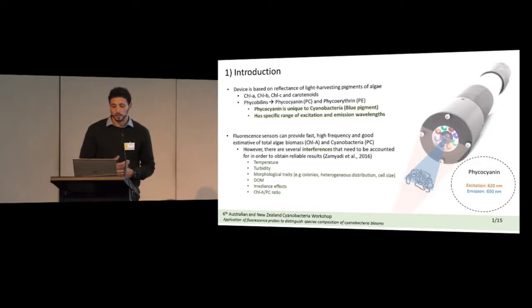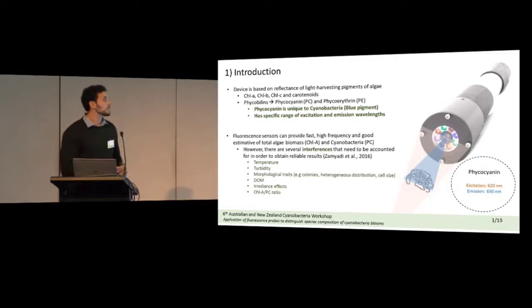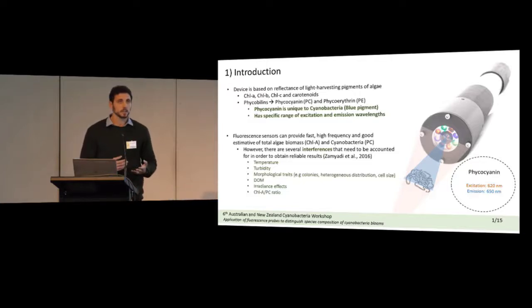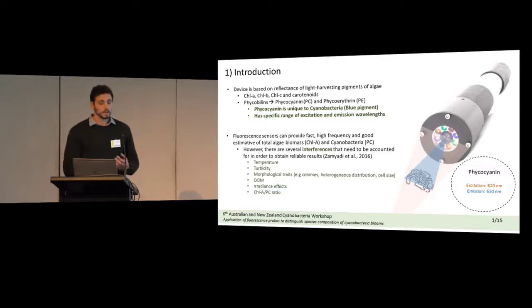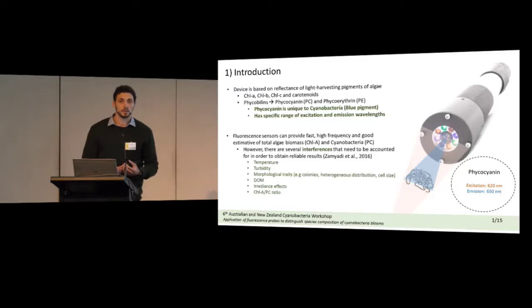However, as was also stressed especially by Florence, there are several interferences that need to be accounted for in order to obtain reliable results from those kinds of devices, such as the variation of water temperature, the turbidity, and even some morphological traits from the monitored microorganisms, such as: do they form colonies? What is the distribution of the microorganisms in the water sample? What is the cell size of the microorganisms?